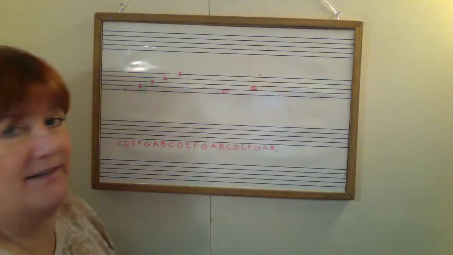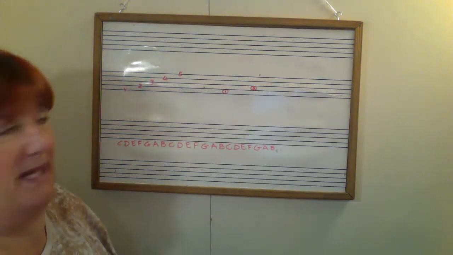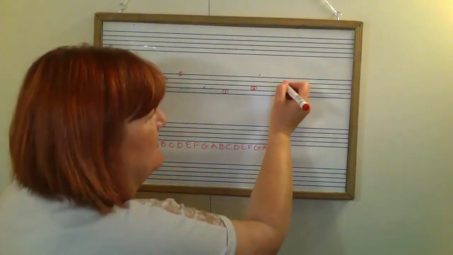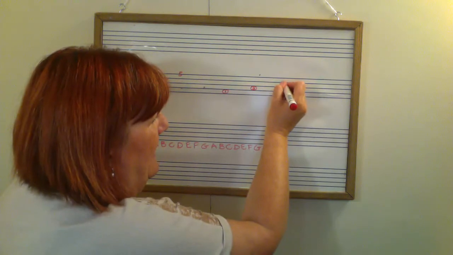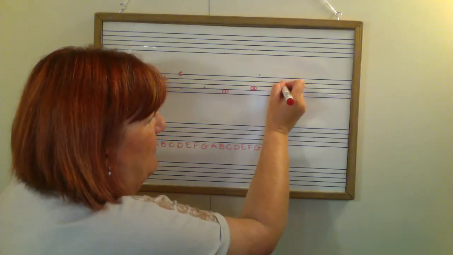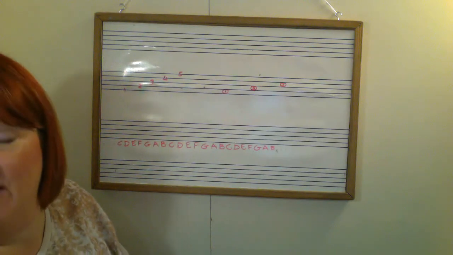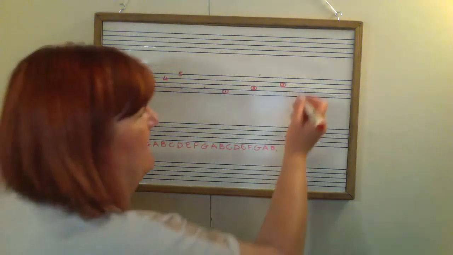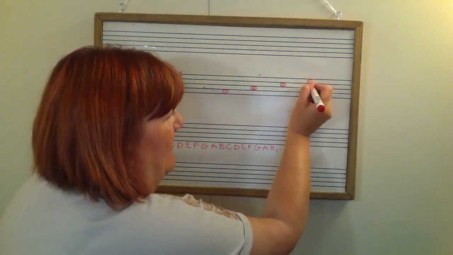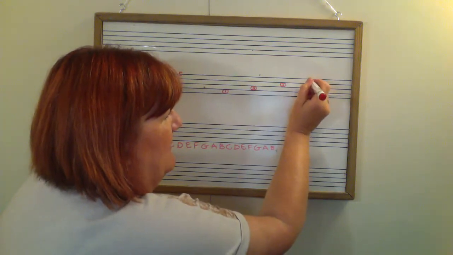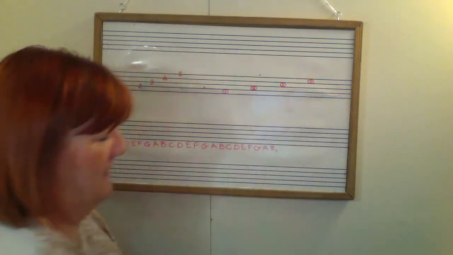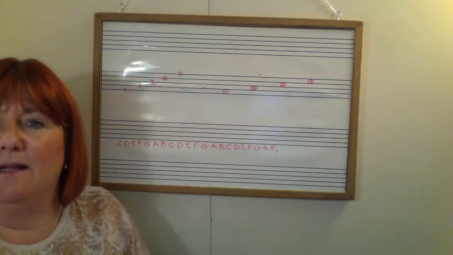And then we've got a little number 2 in that space. And then the third space is going to be here. And we put a little number 3 in there. And then finally, our fourth space is here. And we're going to put a little number 4 in there.